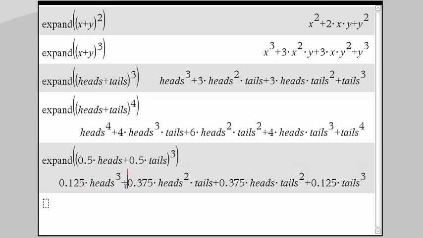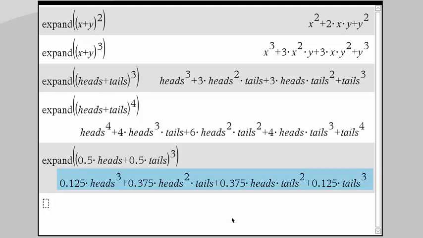So this now tells me that 3 heads can occur with 0.125 probability. 2 heads and a tail occurs with a 0.375 probability. The really beautiful thing about the expansion is it automatically shows me each probability within the PDF along with a verbal description of what each one is.